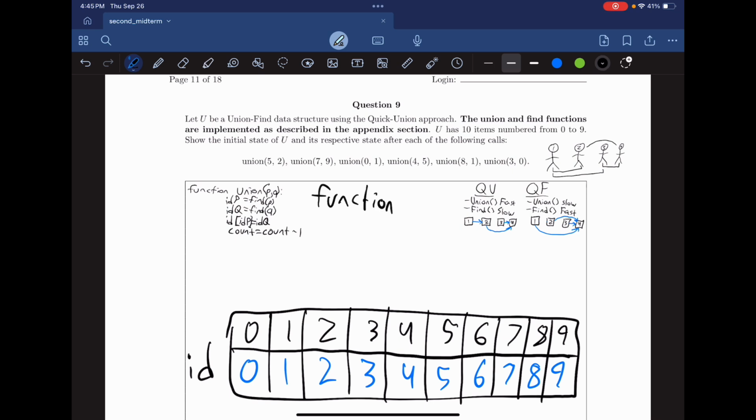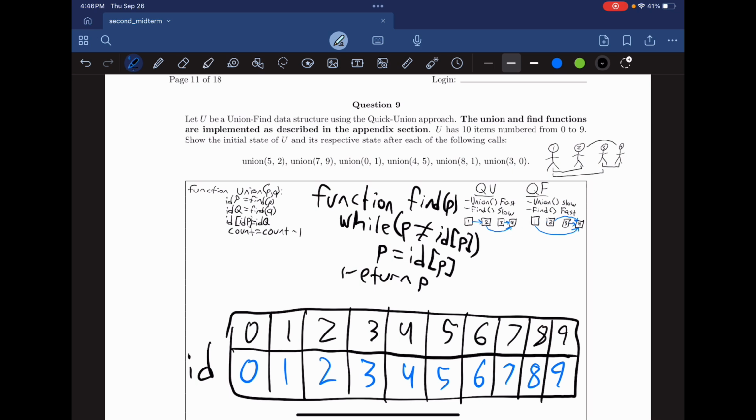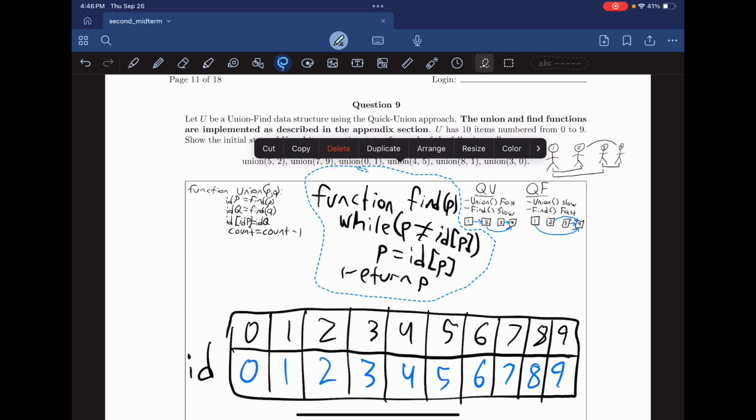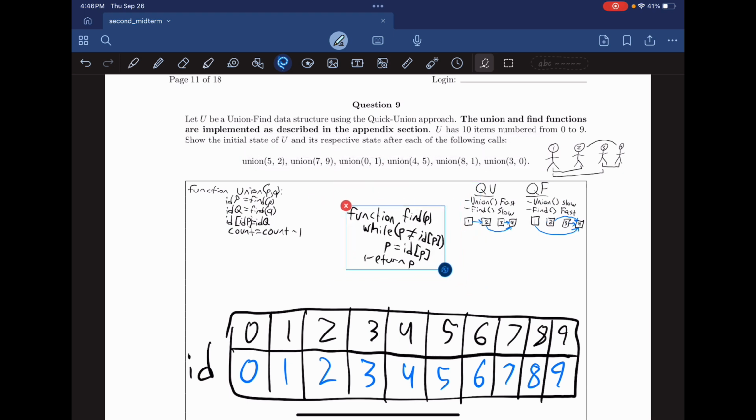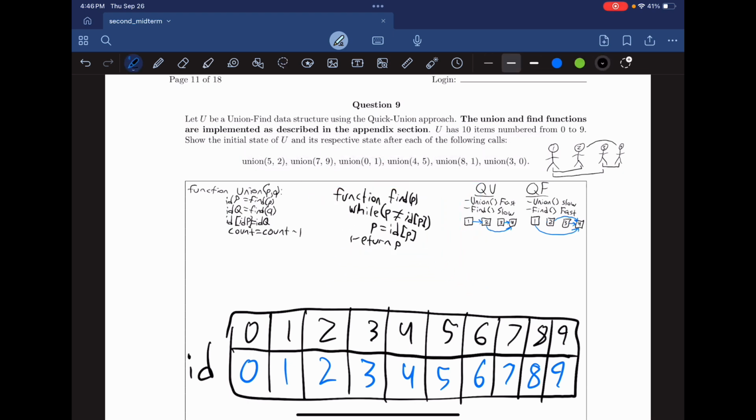Function find of P is: while P does not equal ID of P, P equals ID of P, and then return P. So let's go ahead and make our first call, and we'll go through this function as we go.